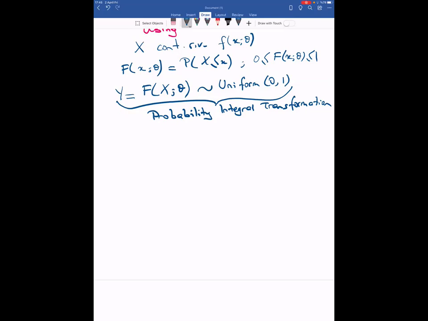But this form is not that easily derived. So we know that when we apply some kind of transformation, like a minus ln transformation, to the uniformly distributed random variable, so this is, let's say, minus ln F of x, theta, this has an exponential distribution.